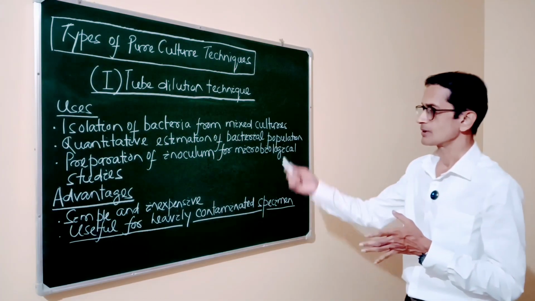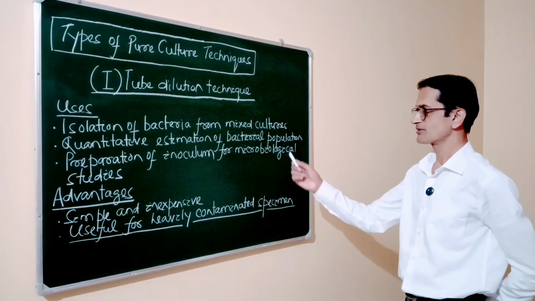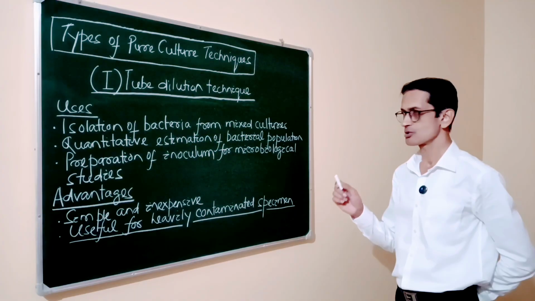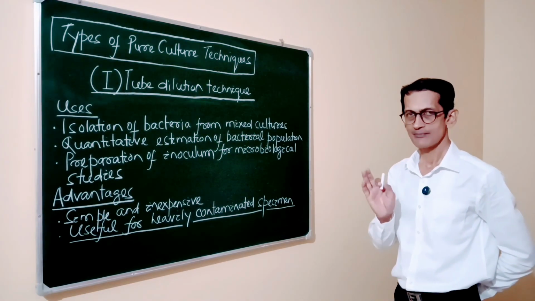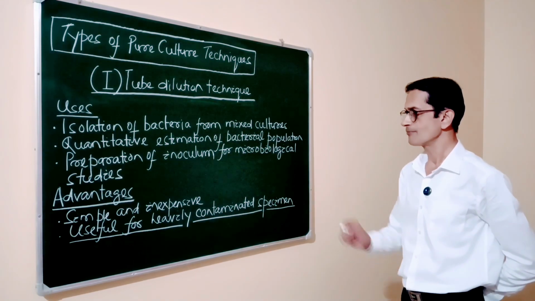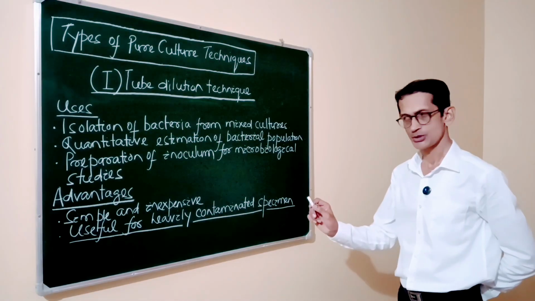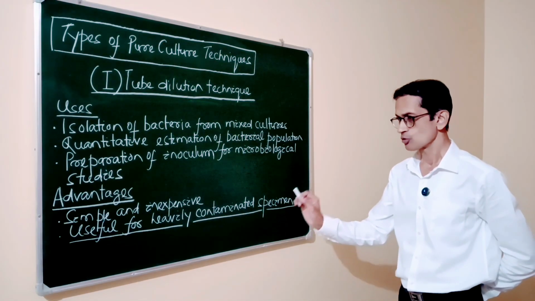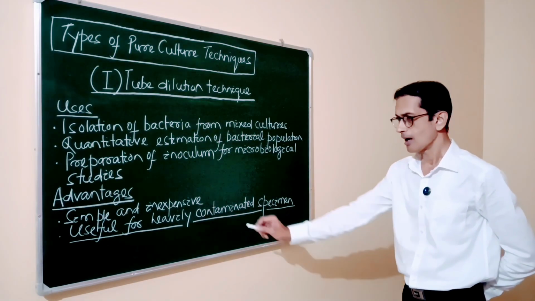So coming back to the uses of tube dilution technique: isolation of bacteria from mixed cultures, quantitative estimation of bacterial population, quantity is estimated, preparation of inoculum for microbiological studies, and advantages: simple and inexpensive, useful for heavily contaminated specimen.